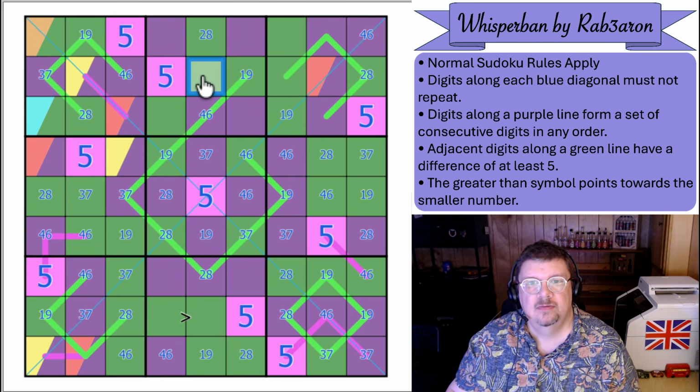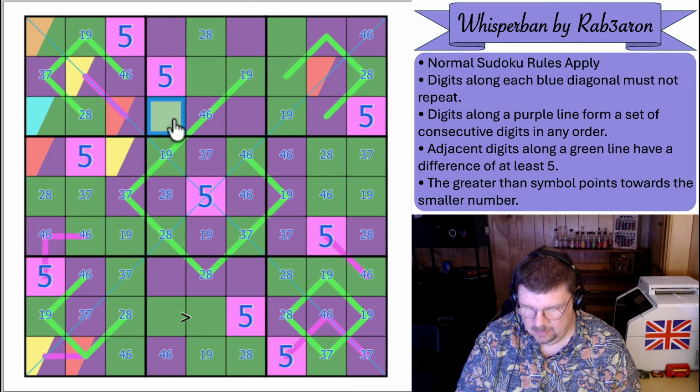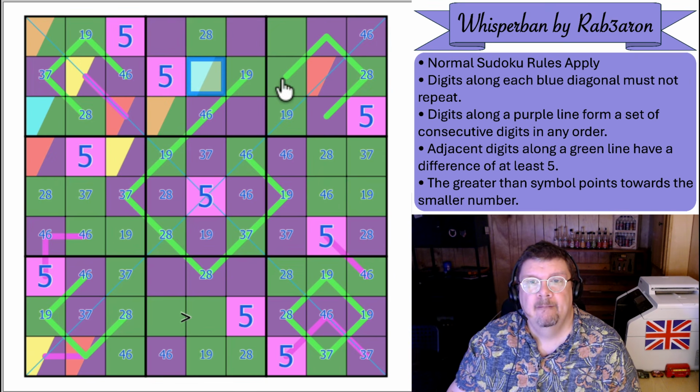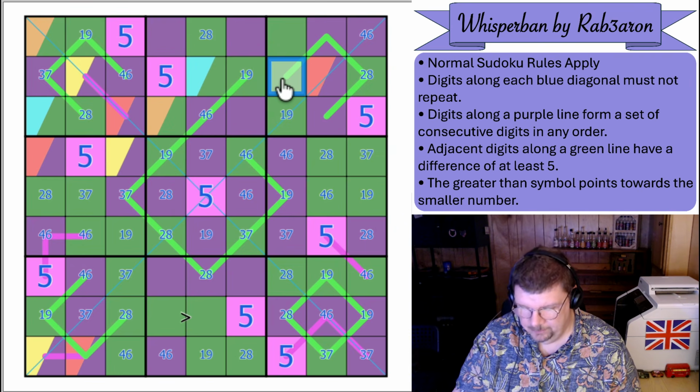So that makes this one orange. This one is teal. That makes this one orange. And this one teal.